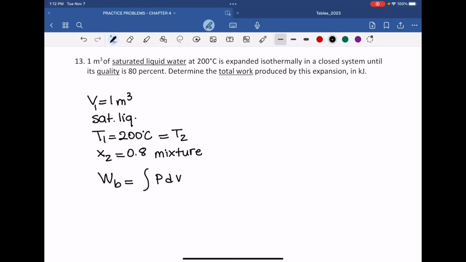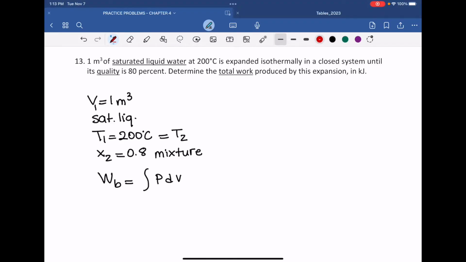So it is okay to say that actually the pressure stayed the same because there's a phase change, right? And we need to be at a certain temperature and pressure for this phase change to be taking place. So we have to be at the saturation pressure at that temperature initially.